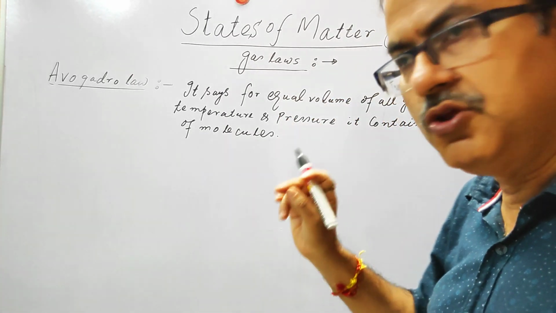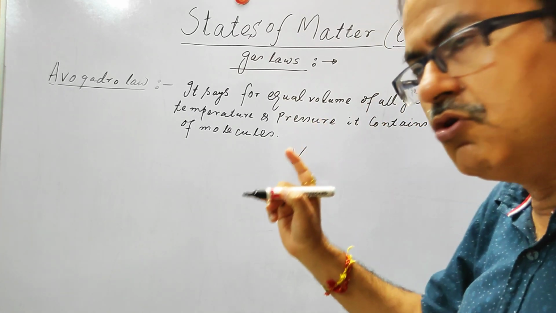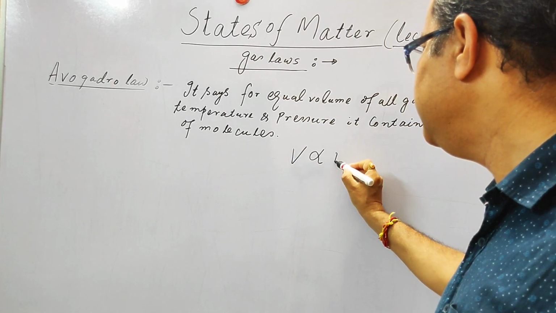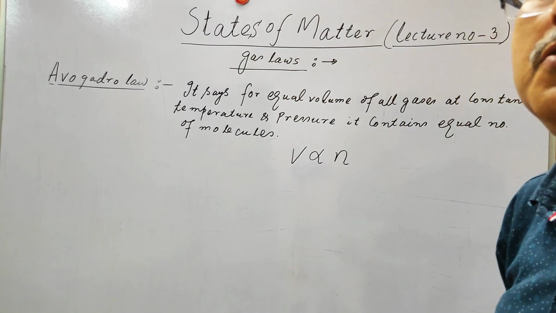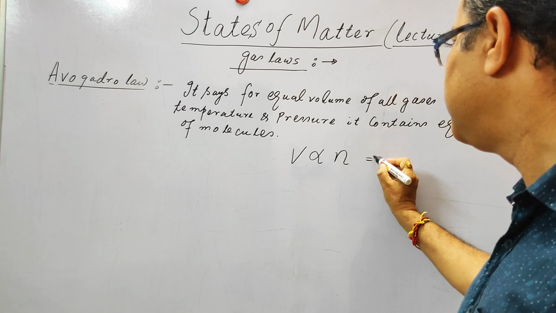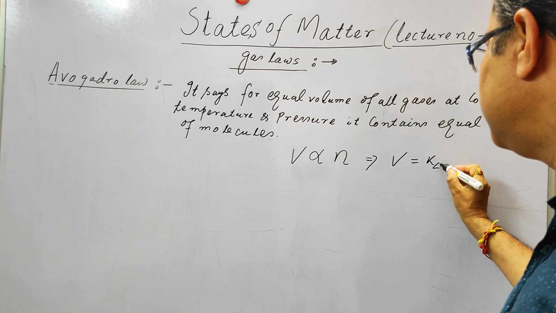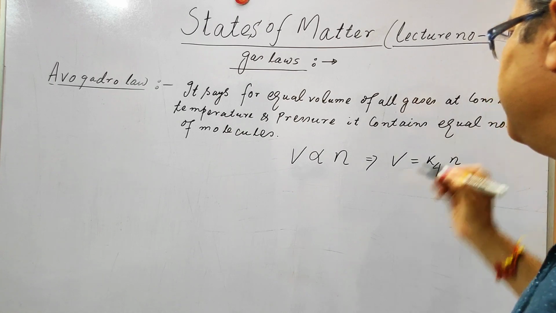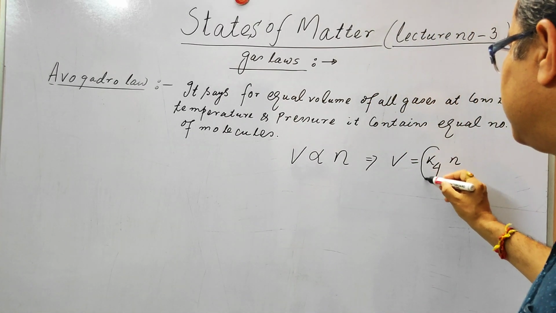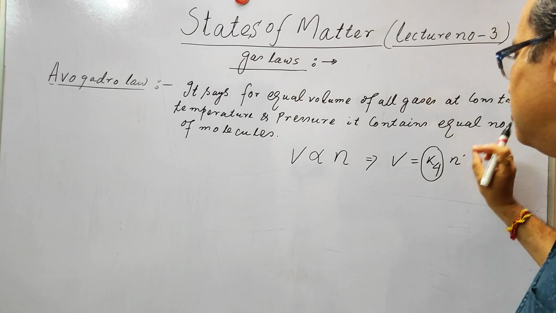So we can write the mathematical expression of Avogadro's law like this. Suppose V is the volume of the gas and n is the moles of the gas. V is directly proportional to n, so V is equal to K4 into n, where K4 is a proportionality constant and n is the number of moles.